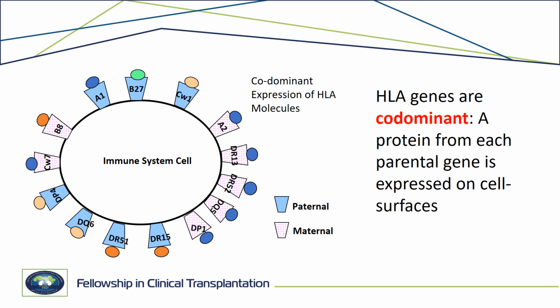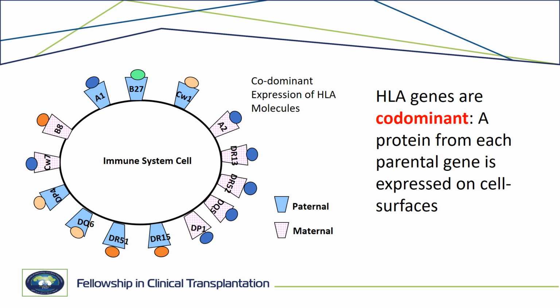Another major difference between the HLA system and the ABO system is that HLA is codominantly expressed. However, in ABO, only the dominant allele is expressed. In this example, an immune cell expresses both the maternal antigen in pink and the paternal antigen in blue.